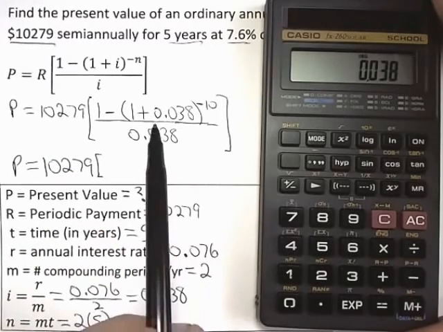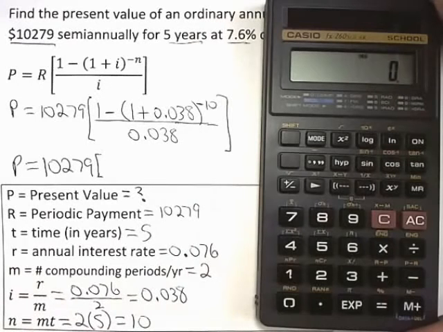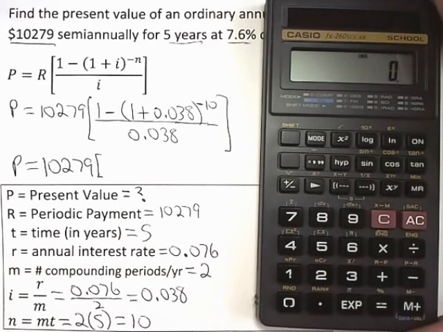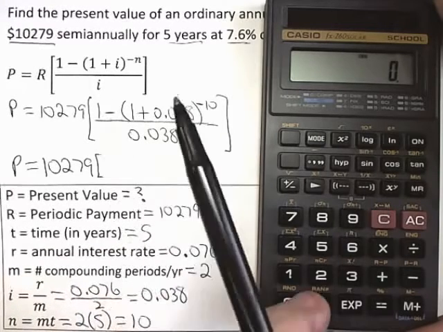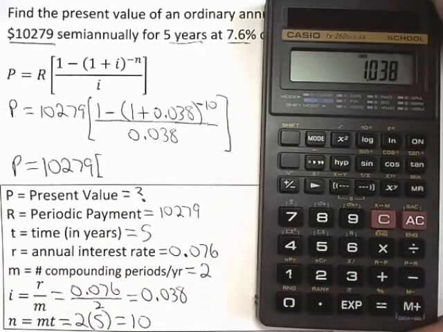Okay, you can do this any correct way you want. You don't have to mimic me exactly, but this is the way I do it, and we are using this Casio FX260 Solar School Edition. I would start here, 1 plus 0.038. You can do it on your calculator, or you can just realize that that's going to be 1.038.